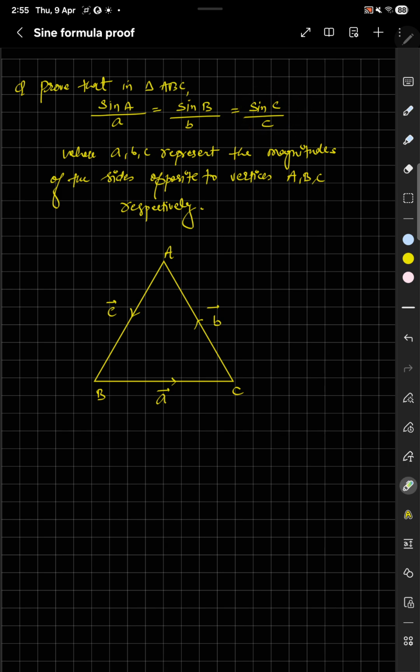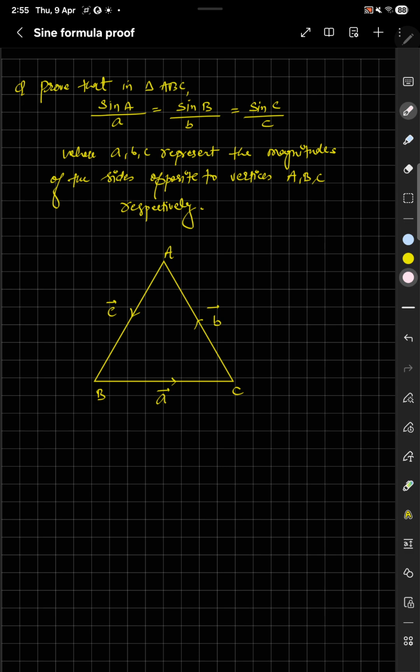What does this mean? It means if you have been given this triangle, the vector a represents the side BC, vector b represents the side CA, and vector c represents the side AB.